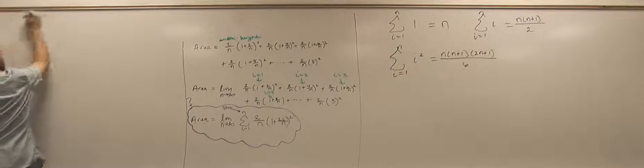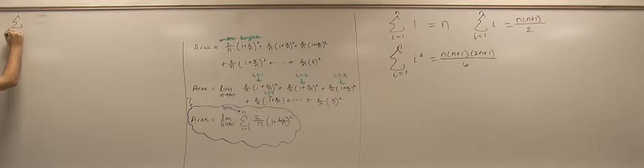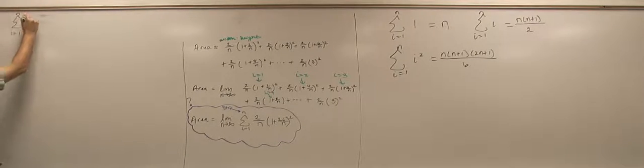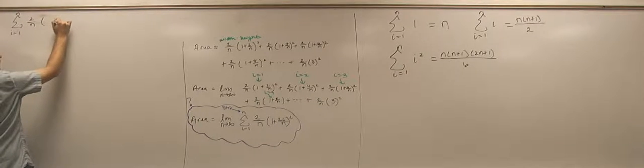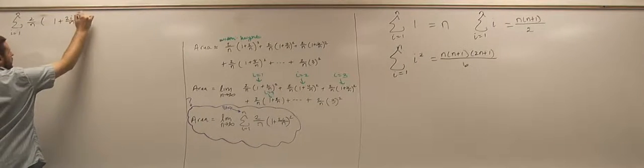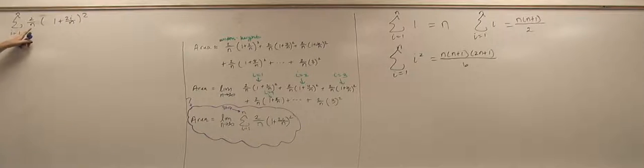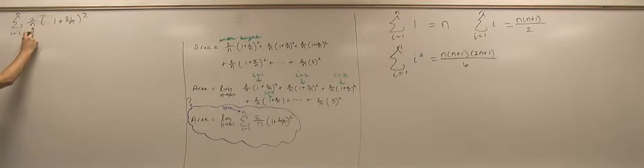So actually, let me work with the sum first. This is the sum we have. i equals 1 to n of this guy. Two over n does not have an i in it. If something doesn't have an i in it, it's a constant. So pull it out. It has nothing to do with this i, so pull it out front.